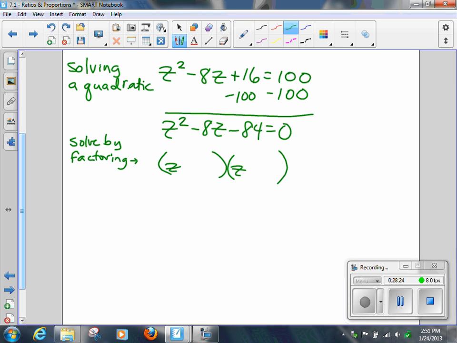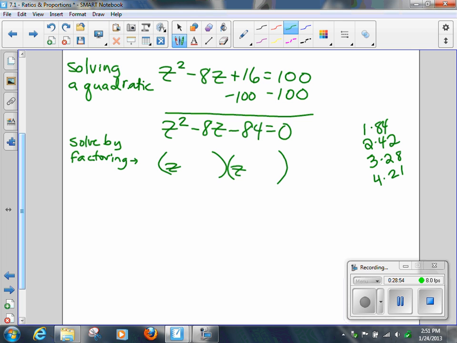Negative 10 and 2 don't multiply up to get 84. You got to come over here. 1 times 84. 2 times 42. Well, will 3 divide into 84? What's 84 divided by 3? 4 times 21.